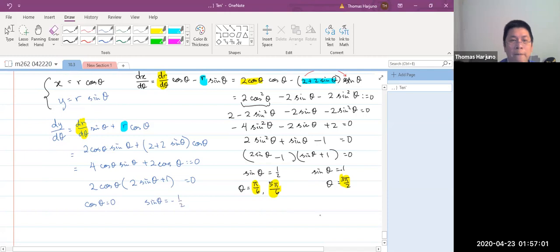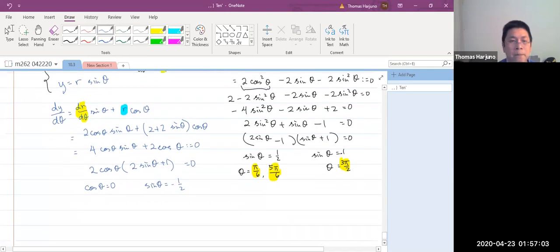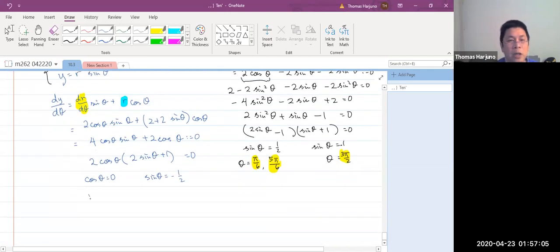Now, cosine theta equals 0 when theta is pi over 2 and 3 pi over 2. Sine theta is negative 1/2 when theta is 7 pi over 6 and 11 pi over 6, quadrant 3 and quadrant 4.